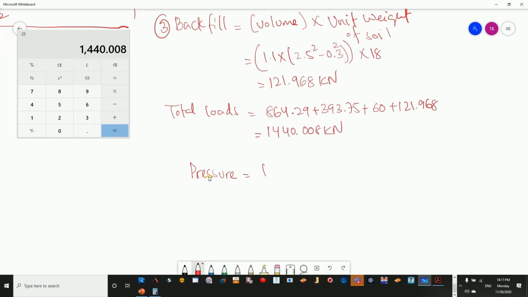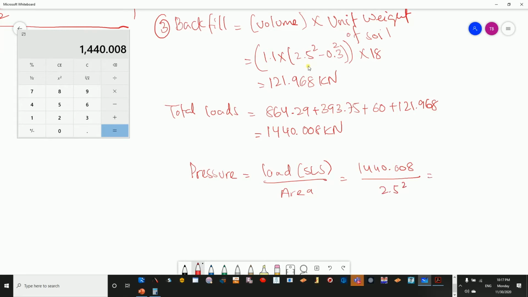And to check the pressure, we need to calculate the service loading, the load in SLS, divided by an area. So in this case 1440.008 divided by the area of the foundation, and the area of the foundation is 2.5 into 2.5.